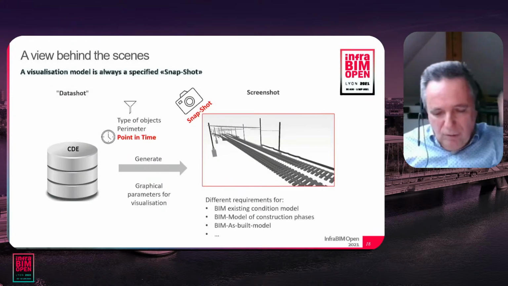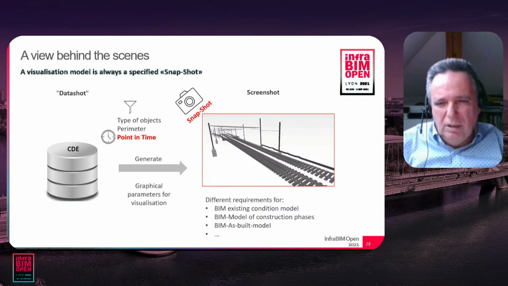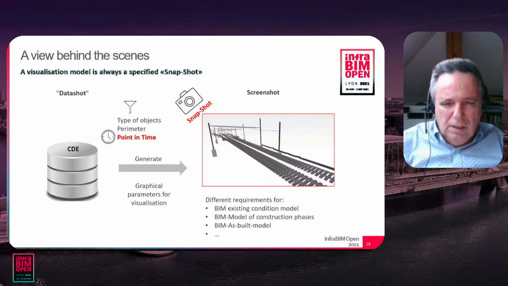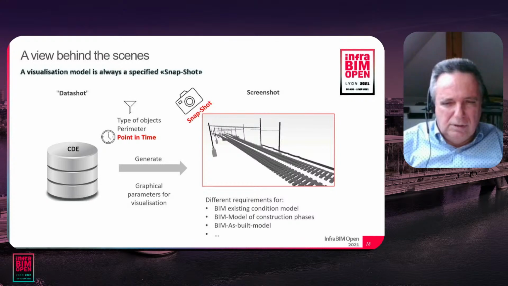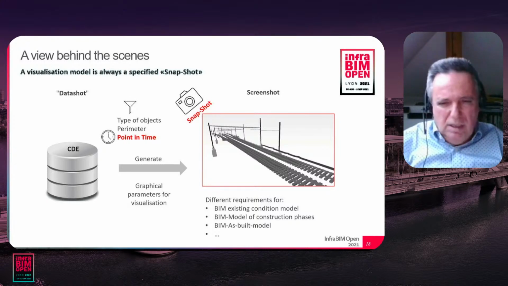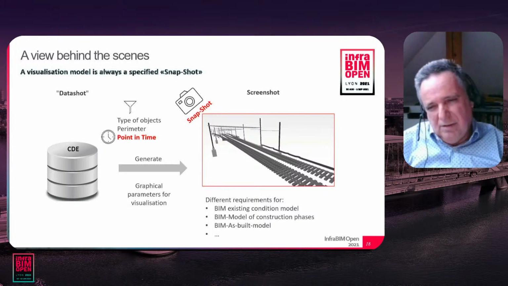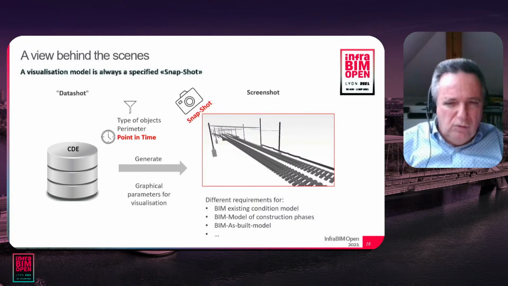Next one. Yeah. So now have a look at the visualization model Mark introduced at the beginning. If we set up these requirements for the location, the time, and the uniqueness, we should be able to generate the visualization model as a screenshot from outside the CDE using a filter.